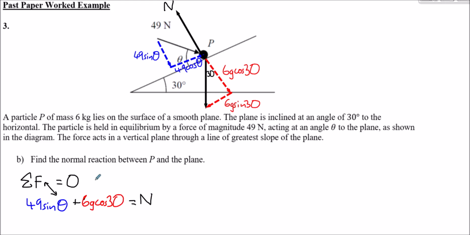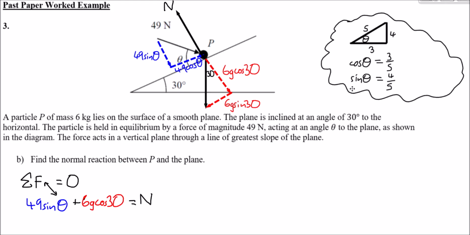Like I said from part A, because we worked out what cos theta was, we can also work out what sine theta was. So just a reminder from part A, over here again, we can say that sine theta is 4/5. So if we just plug this into this expression for n, we can work it out.